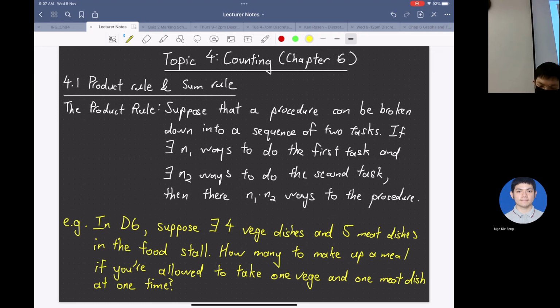So how many ways to get it? By the product rule, there are 4 times 5 ways.